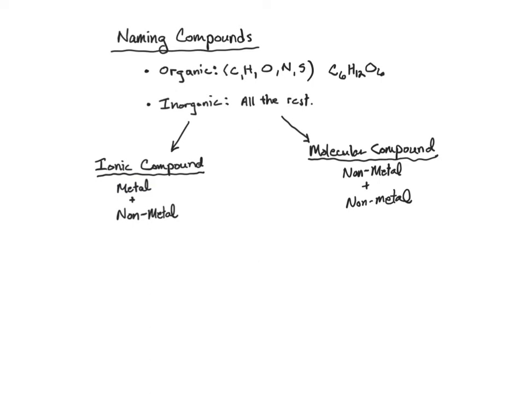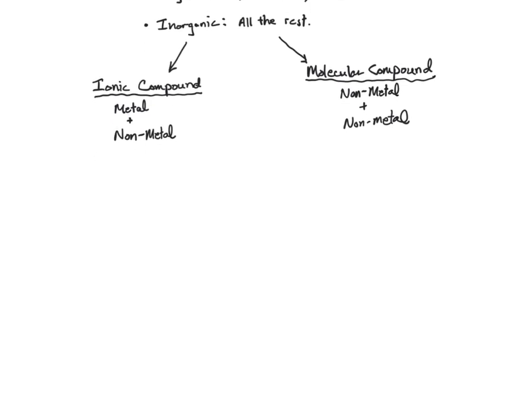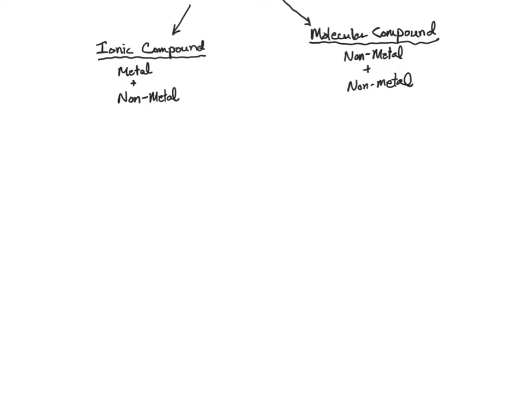What I want to focus on first are the ionic compounds. And to do that, one of the first things I want to kind of rehash here is the typical charges of elements. Okay, remember there are some elements that take on common charges and some that are capable of taking on all sorts of charges. Okay, so let's talk about the ones that we can predict fairly easily.